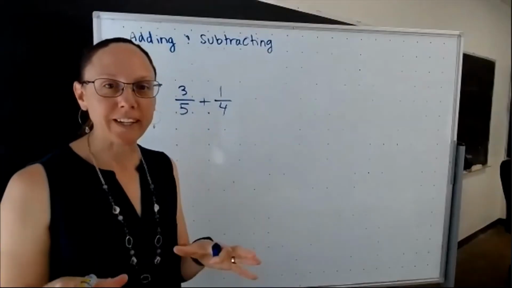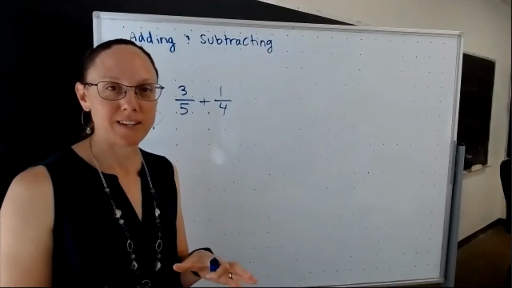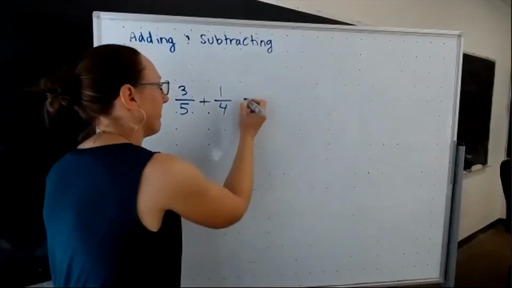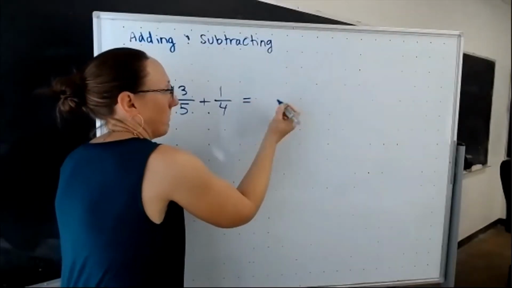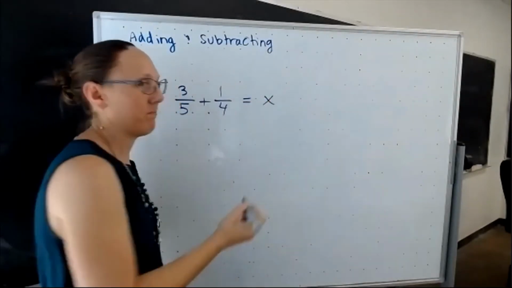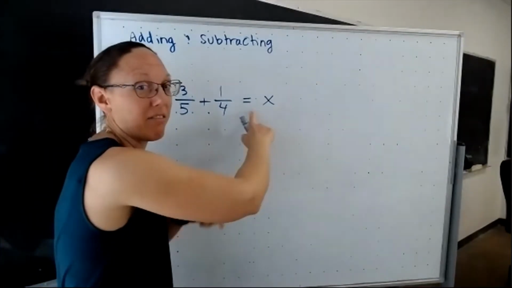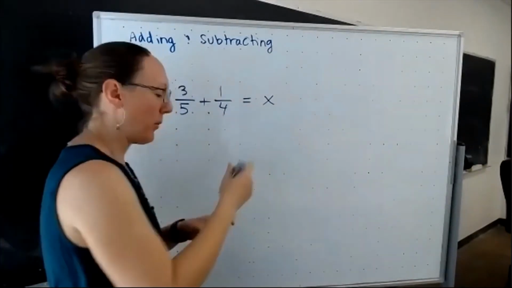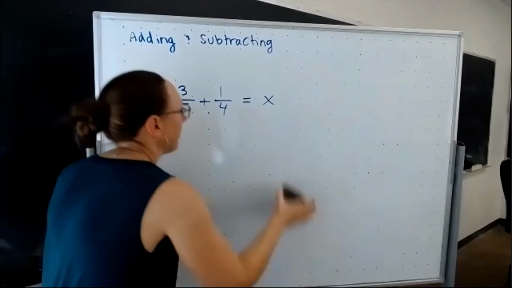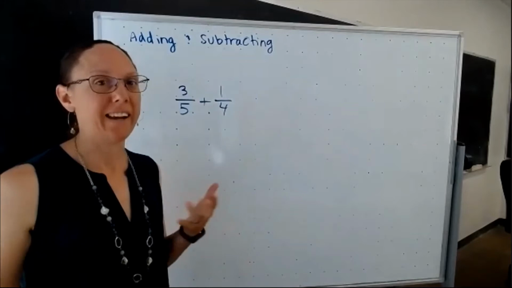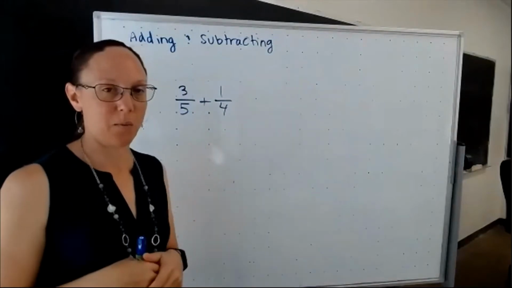There's something really magical that happens when I add an equal sign. Now I have 2 sides of an equation. Without that equal sign, I don't have an equation and I don't have 2 sides to something.